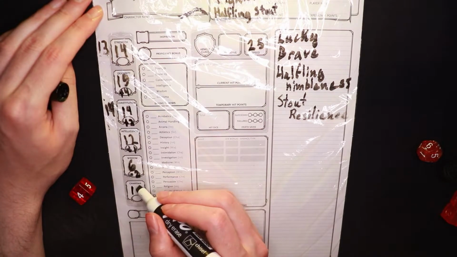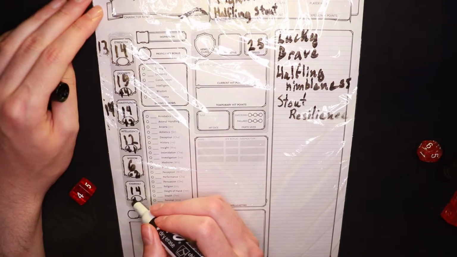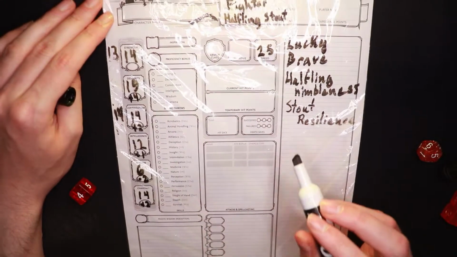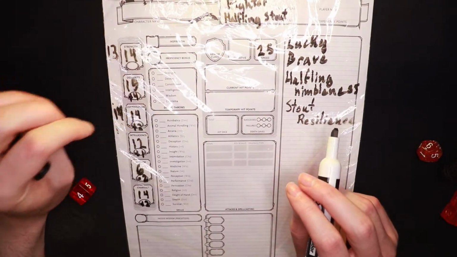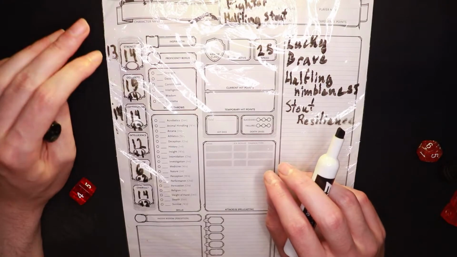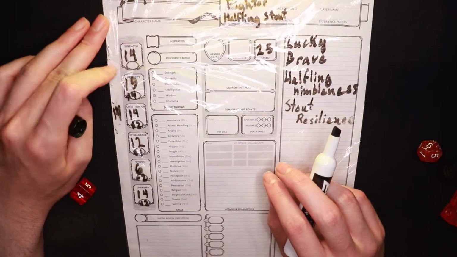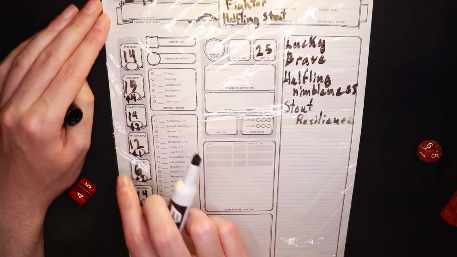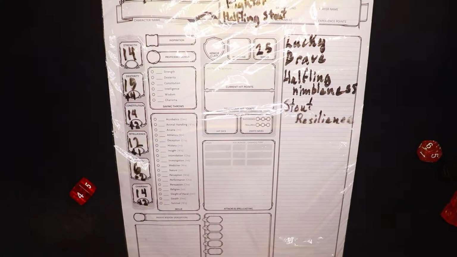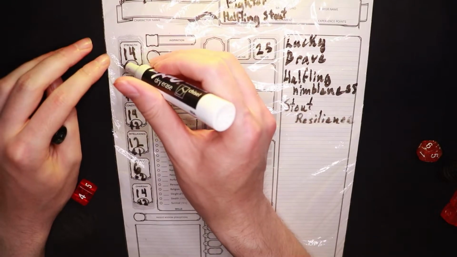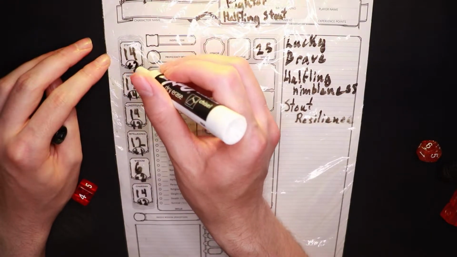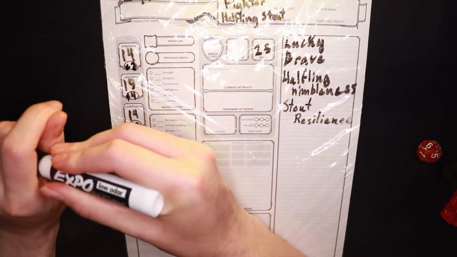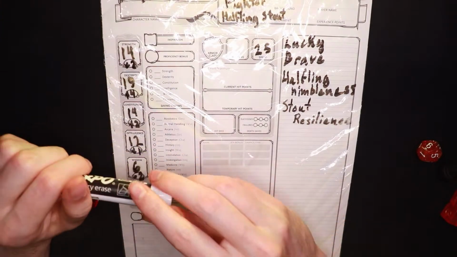Our charisma is also going to be 14. That's also going to be a +2, because we put our 13 in constitution and raise it by 1. And that does it for our race and stats. That's a +2 right here, +2. So we have our stats.